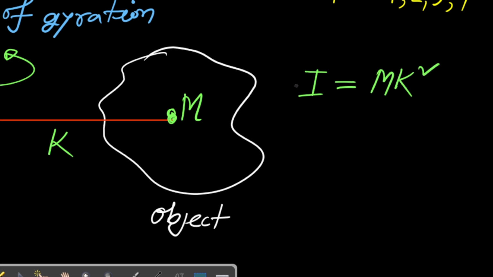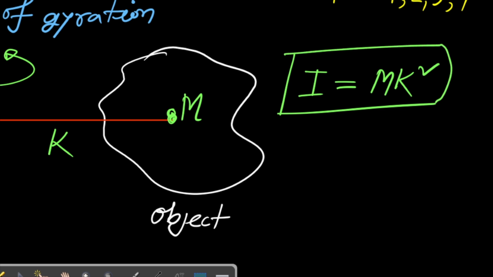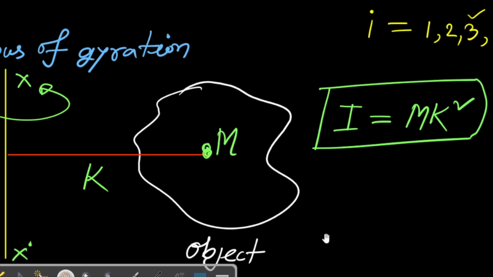That means if we find the equation of the moment of inertia in the case of the point mass of the object, then this equation will be valid in the case of the radius of gyration. Why will this equation be valid?